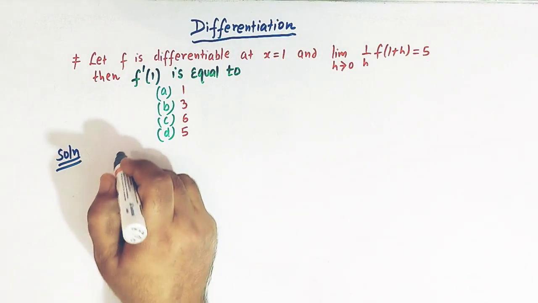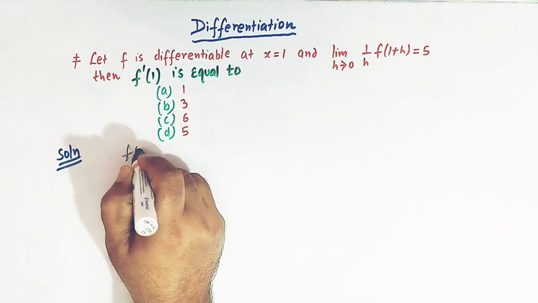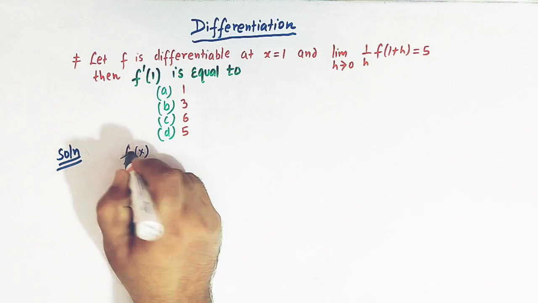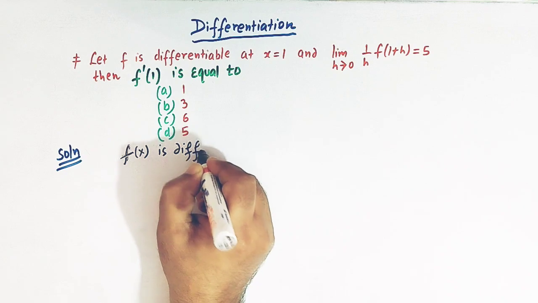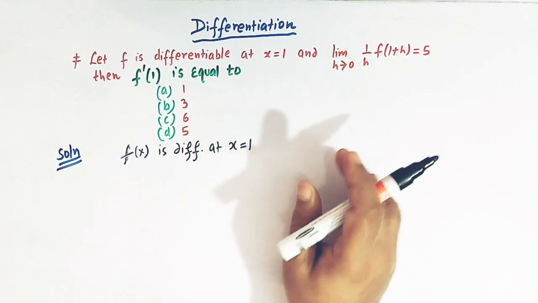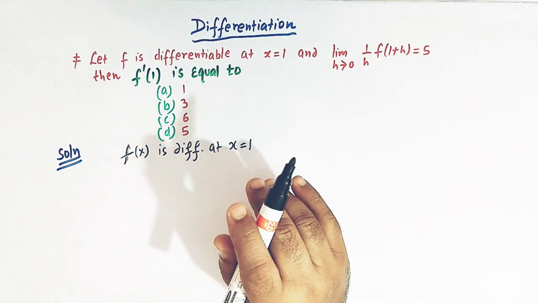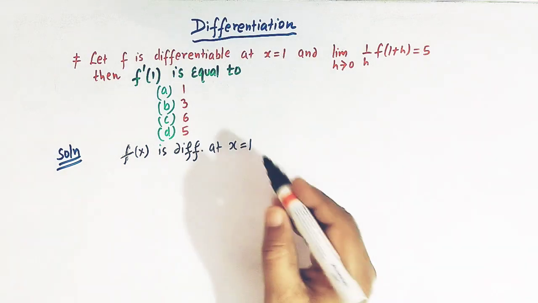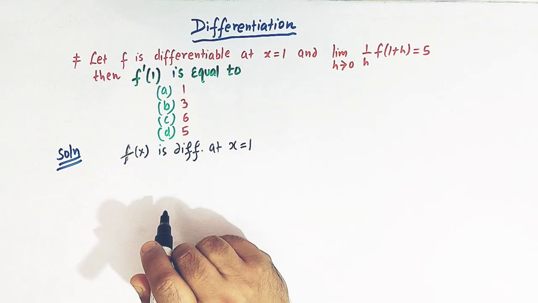So here we are given that f of x is differentiable at x is equal to 1. Now let us first write the definition of derivative of this function f of x using the first principle.